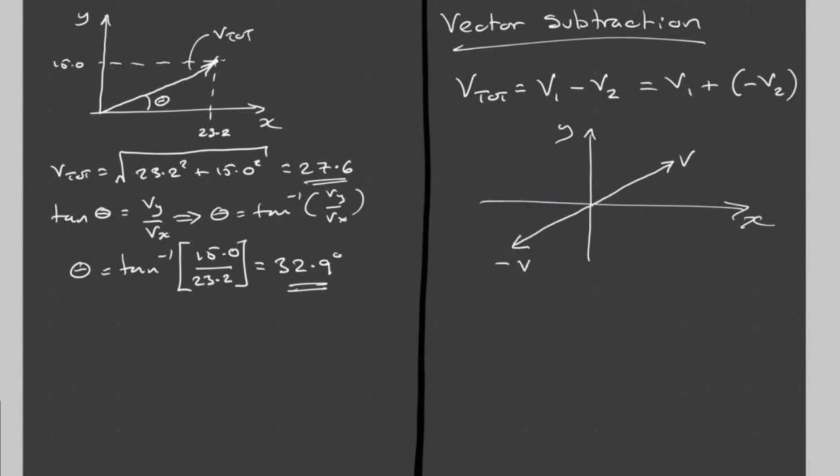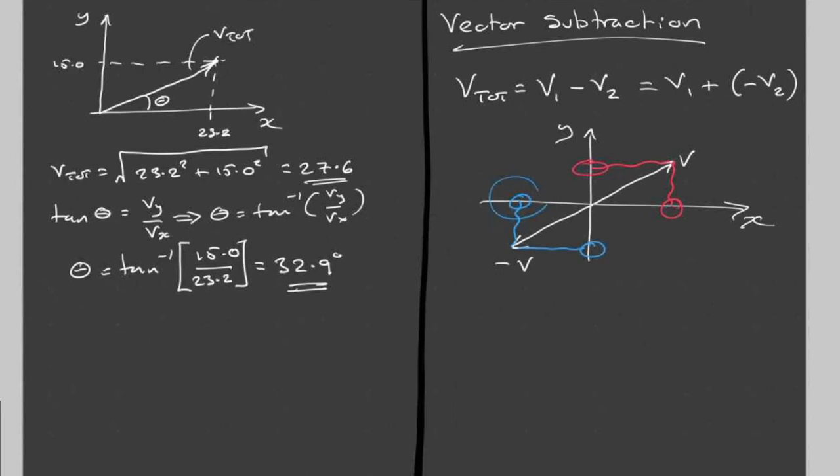This is minus v. Now, if you look carefully at what we've done here, for the vector v, this was the x value, and this was the y value. If you look at minus v, this is its x value, this is its y value.